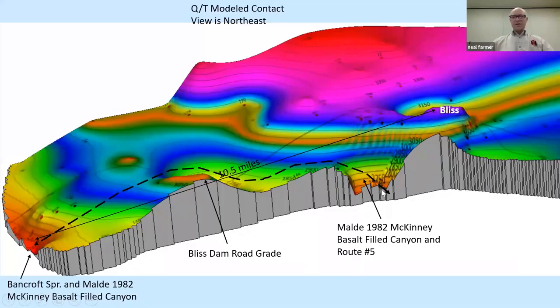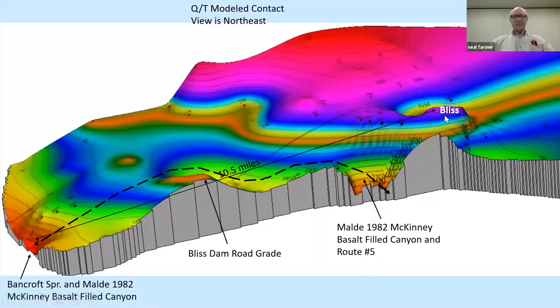It's Maldi's Canyon Route number 5, which also is consistent with our 3D mapping in this area for this low area of the QT contact, or an ancient canyon that's been filled by a basalt later in time. And then Maldi's route travels from that basically inlet of surface water to the groundwater system down to Bancroft. And that's about 10 miles distance from Bancroft Springs up to the Bliss area.